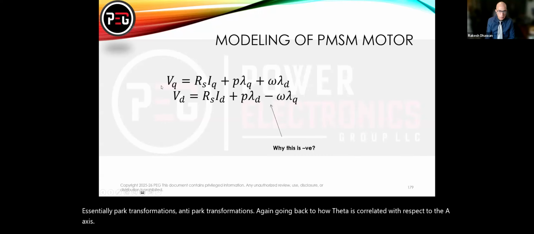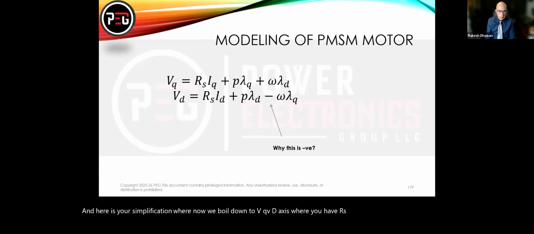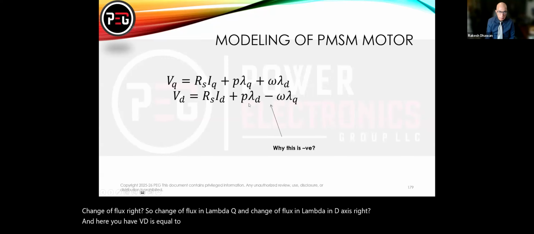And here is your simplification, where now we boil down to the VQ, VD axes, where you have VQ equal to Rs IQ plus the term P lambda Q plus omega lambda D. So here is your change of flux, the change of flux in lambda Q and the change of flux in lambda D axis. And here you have VD equal to Rs ID plus P lambda D minus omega lambda Q.